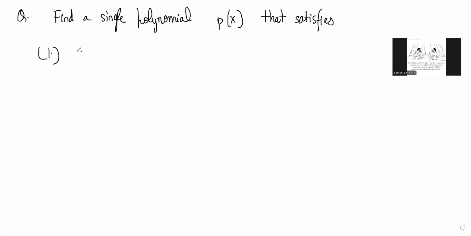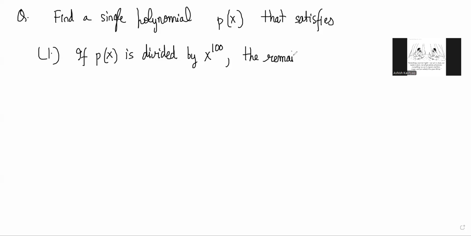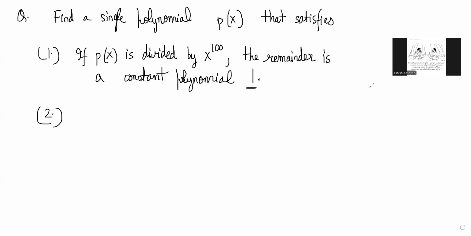First property is if P of x is divided by x power 100, the remainder is a constant polynomial 1. Basically, the constant number 1 is also a polynomial, by the way. F of x is equal to 1 is a polynomial. It's just a constant polynomial.